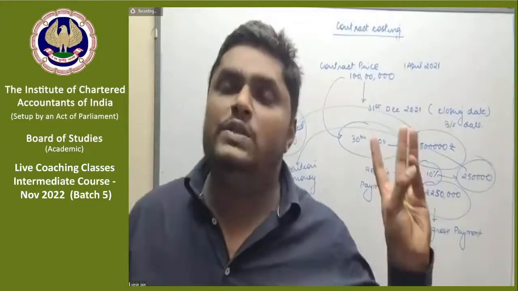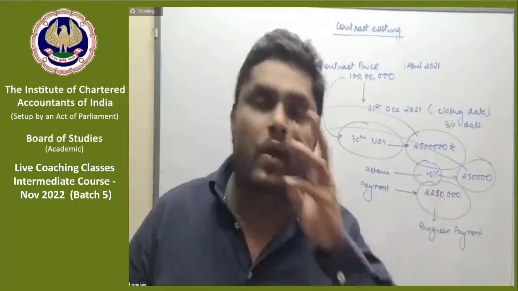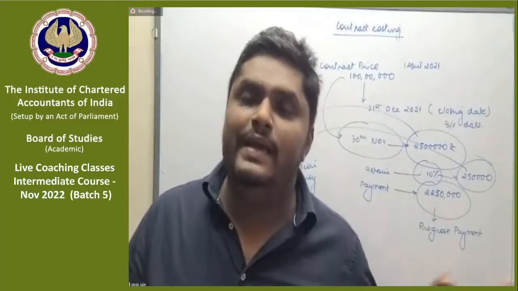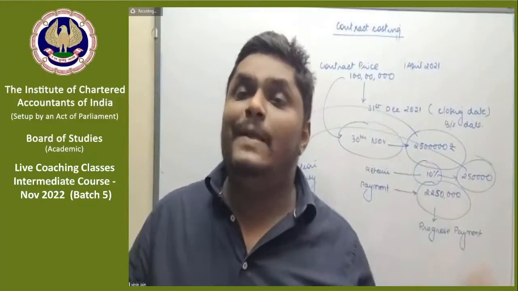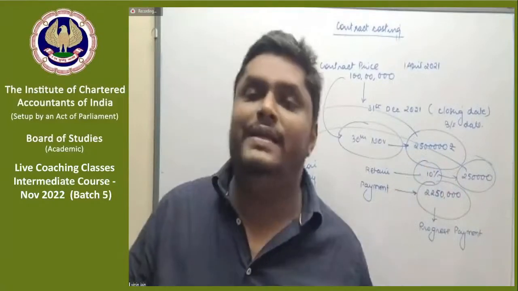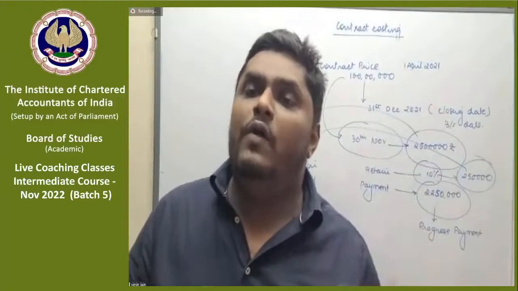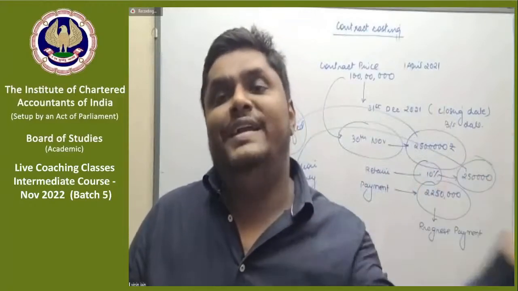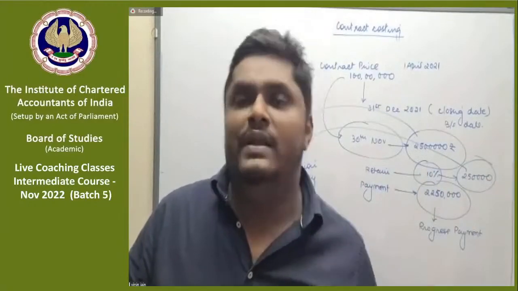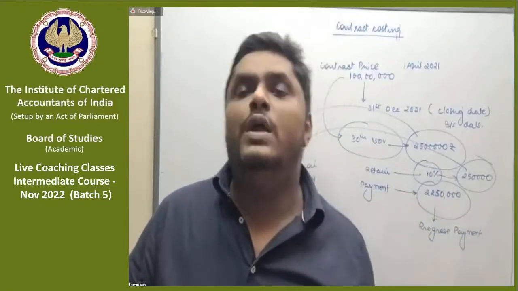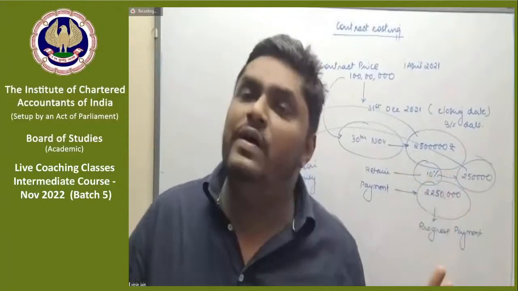So 6 points: contractor, the person who undertakes the contract; contractee, the person for whom contract is undertaken. Third point, contract price, the price as agreed between the contractor and contractee. Next, work certified, that is the part of the work done for which contractee's architect has issued certificate is work certified. Generally, the payment is made to the contractor only on the basis of work certified.